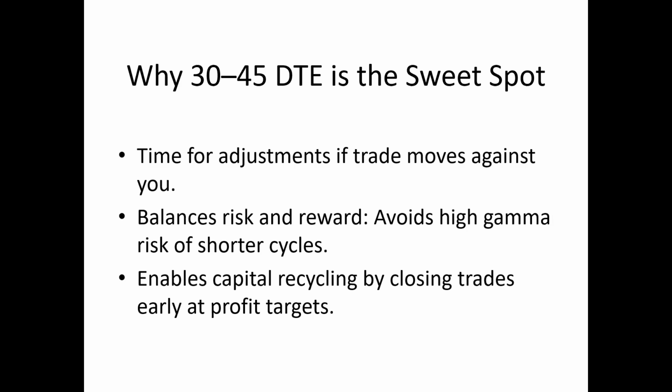Now, 30 to 45 DTE also enables capital recycling by closing trades early at profit targets, meaning that if I sold a put at 30 DTE and in the first 2 weeks, 15 days go by, if I could capture 75% of max potential profit, I can close this trade out and set up another 30 DTE short put, again, looking for something similar to what I just did.